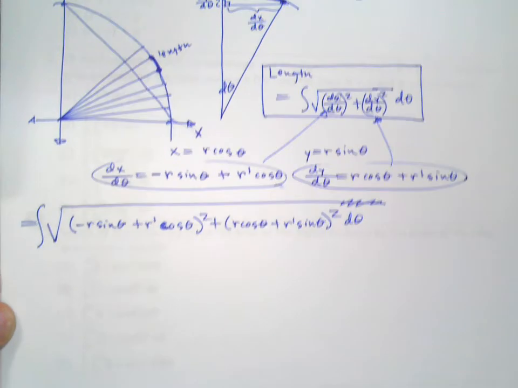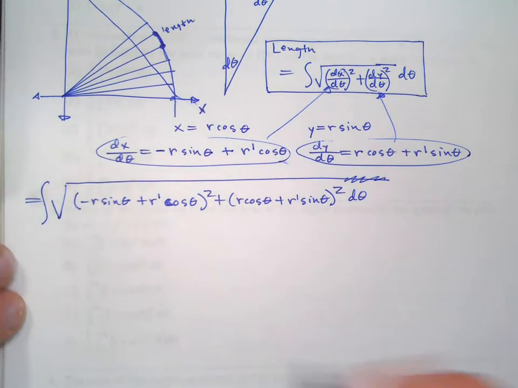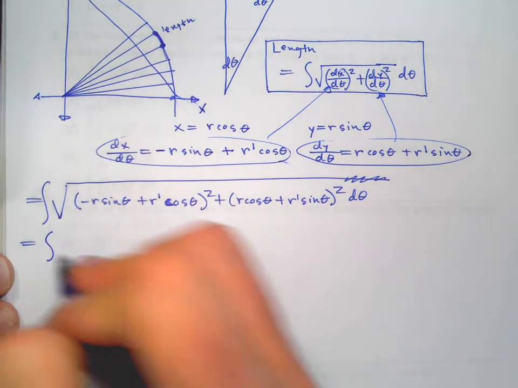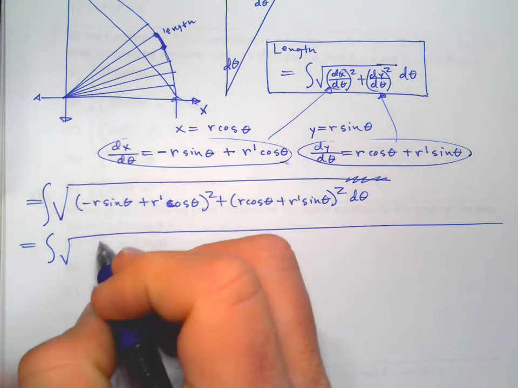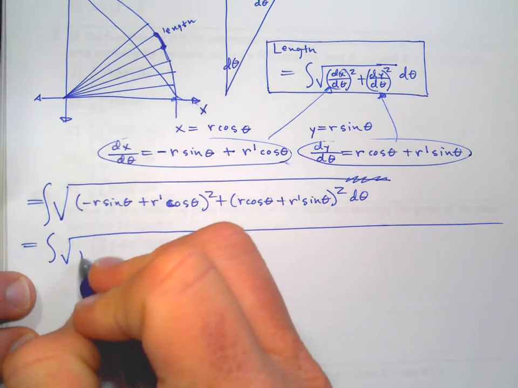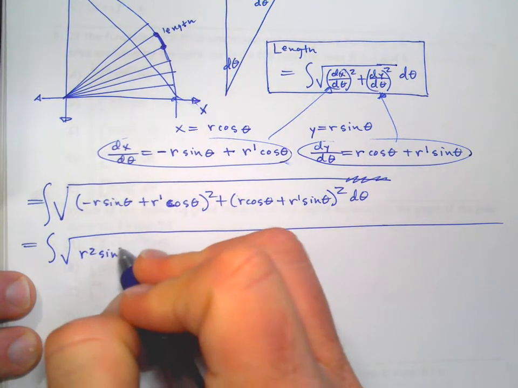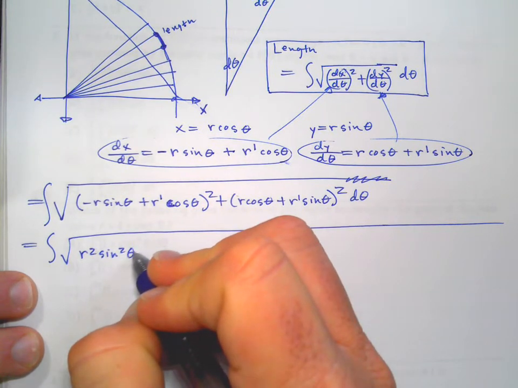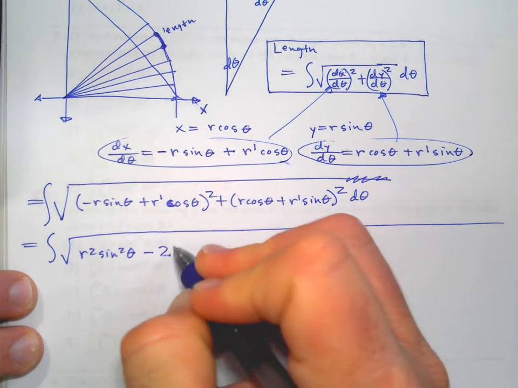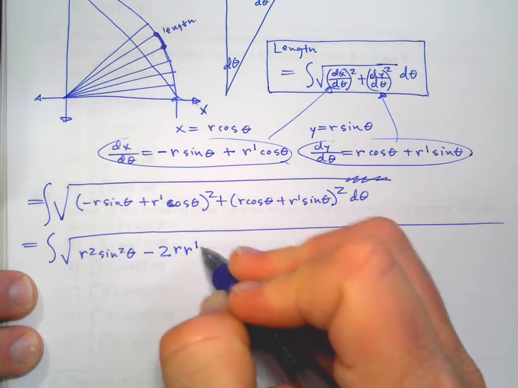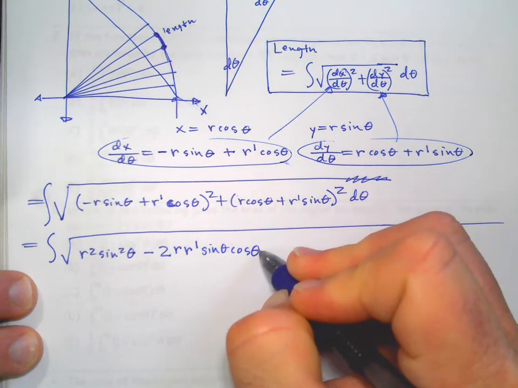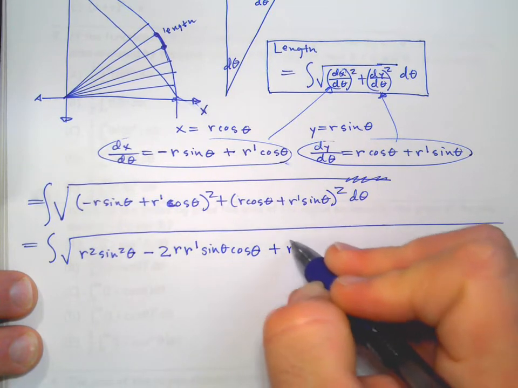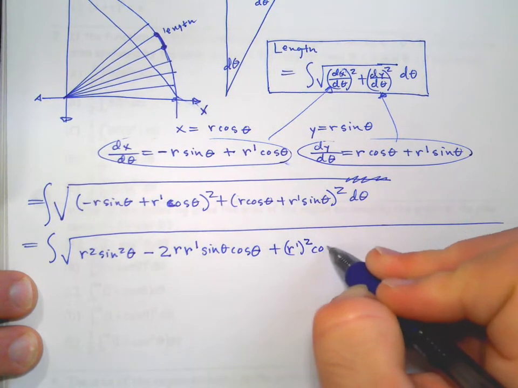Okay. Now let's go ahead and FOIL this out. Let's try and simplify this. So here we're going to get positive r squared sine squared, and then minus 2r r prime sine theta cosine theta, and then plus r prime squared cosine squared.